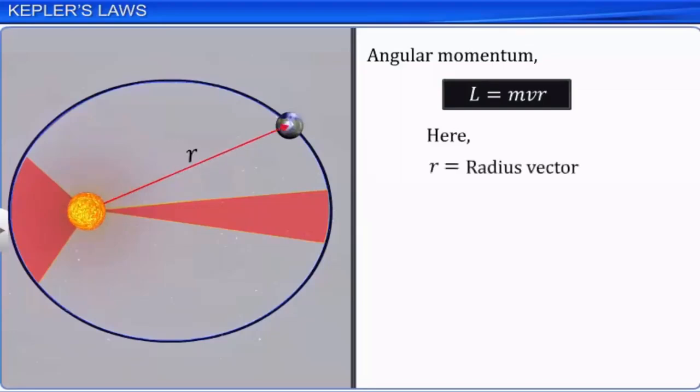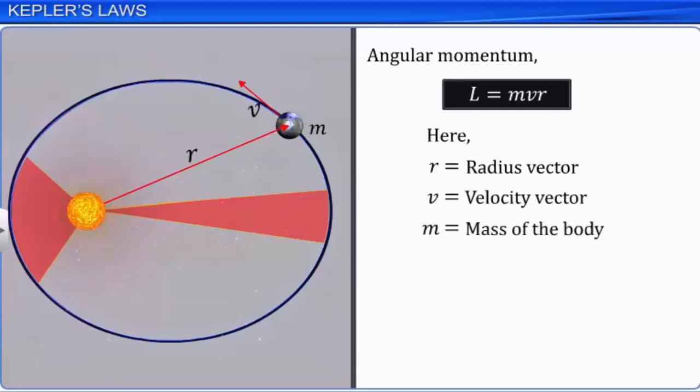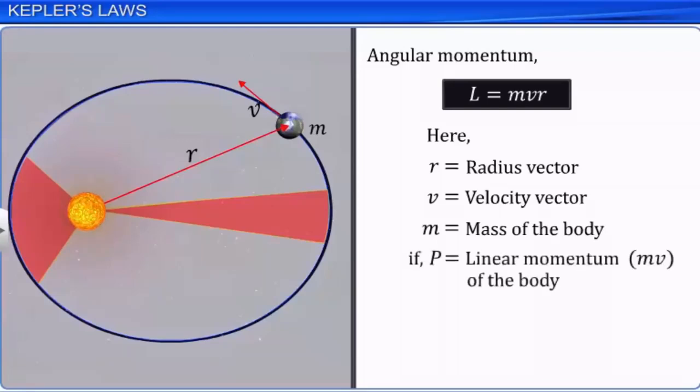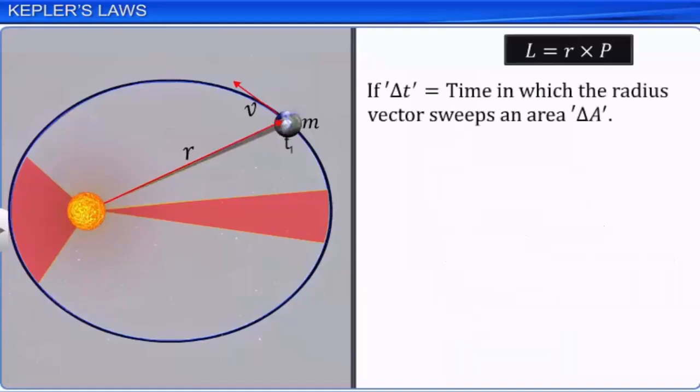If p is the linear momentum of the body, then L is equal to r into p. If delta t is the time in which the radius vector sweeps an area, delta A, then delta A is equal to half multiplied by r multiplied by v delta t.